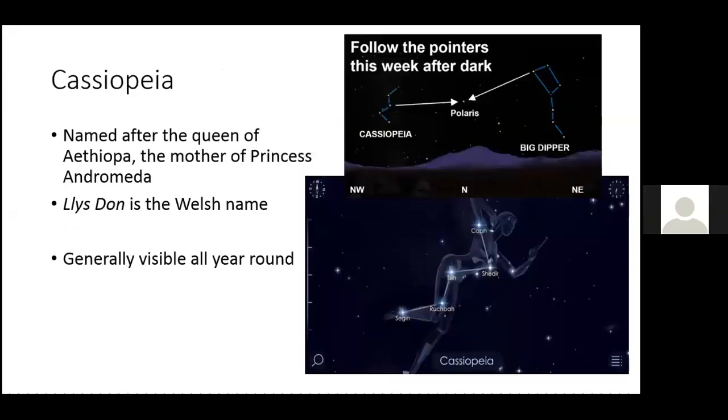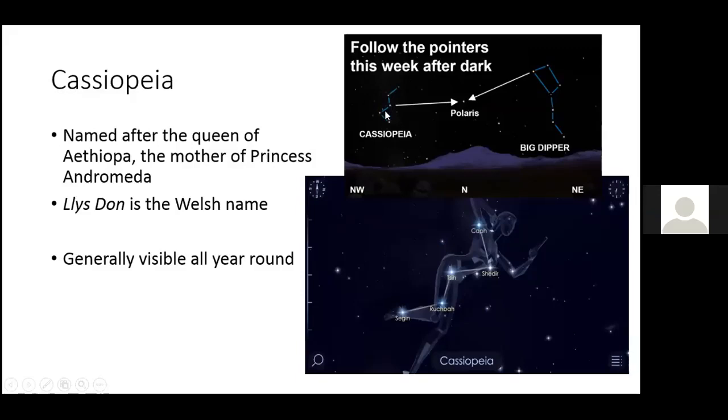All right. Next one, Cassiopeia. This one is also pretty easy to find. If you are looking along the stars of the Big Dipper and you go to Polaris, and you extend that line out even farther, maybe just a little bit at an angle, you're going to find Cassiopeia.